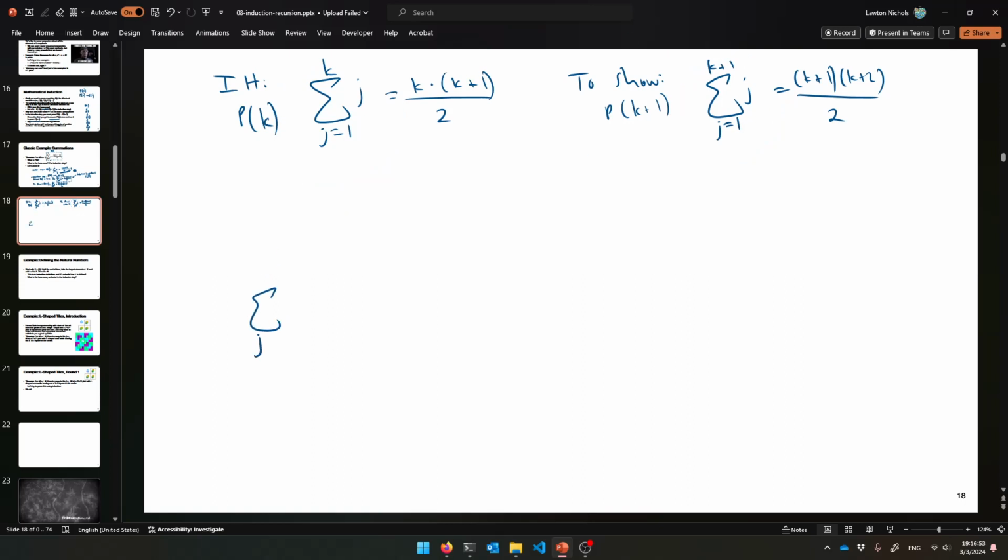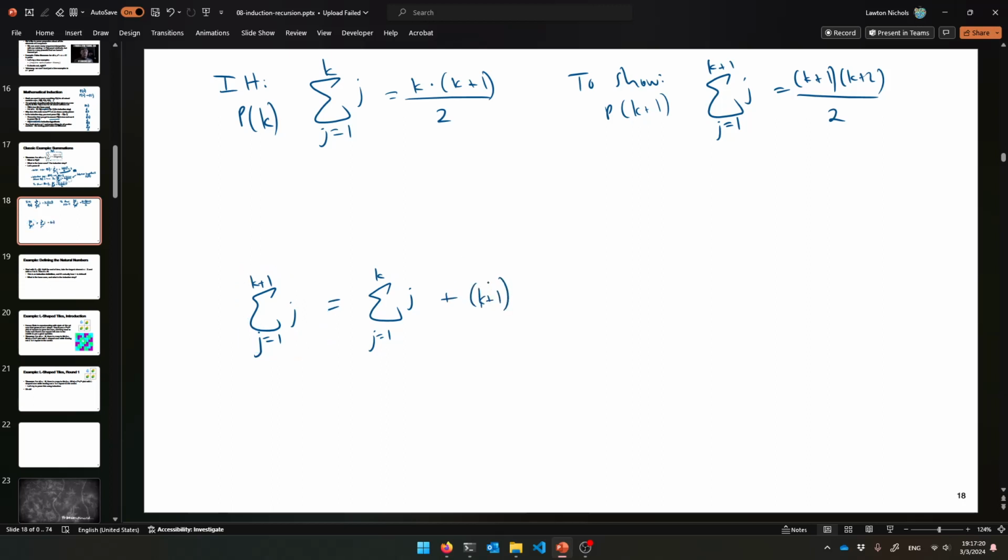The sum of all the j's starting at 1 up to k plus 1. What is that? Let's take out the last term. Let's take out the k plus 1th term. Do you see how this is equivalent to the sum of all the j's up to just k plus that final element? It would have been when j is k plus 1, just like let's add that on the side.